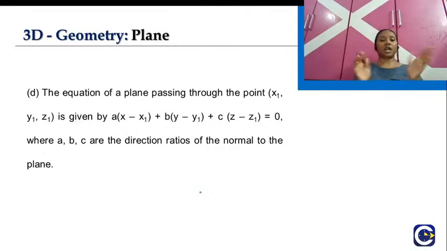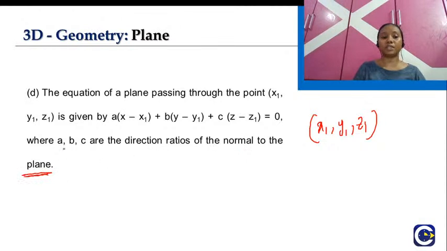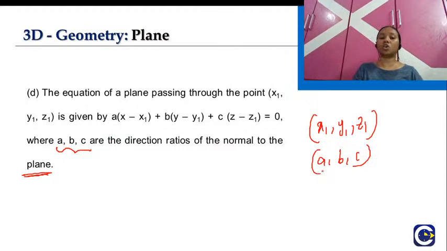In terms of Cartesian form, if a plane is passing through a point with coordinates x1, y1 and z1 and the direction ratios of the normal to the plane are A, B, C, then what will be the equation of that plane?